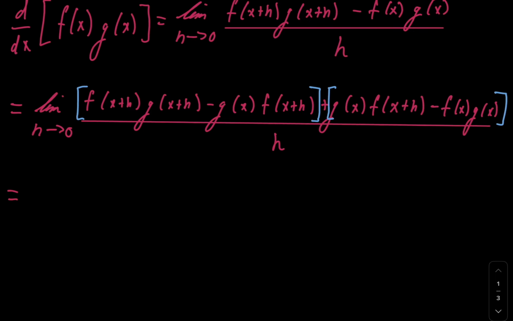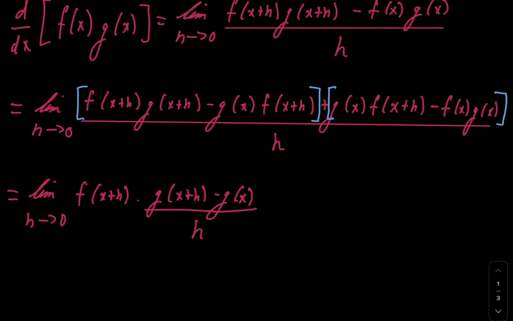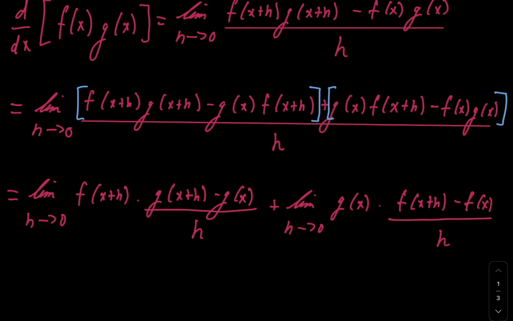So what I'm going to have now is the limit as h approaches 0 of f of x plus h times g of x plus h minus g of x, all divided by h, plus the limit as h approaches 0 of g of x times f of x plus h minus f of x, all divided by h.